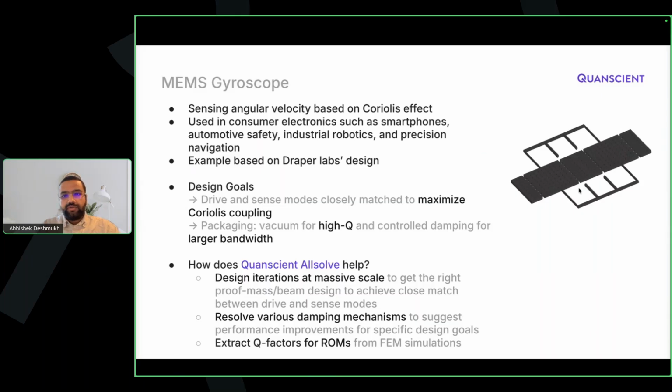And lastly, you can of course use the 3D simulations to extract high level parameters like Q factors, which can then be used in your own ROMs, or reduced order models as they call it. That can also be one of the utilities.